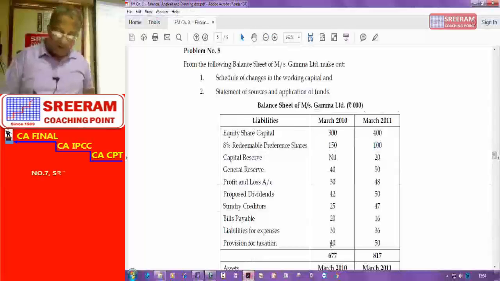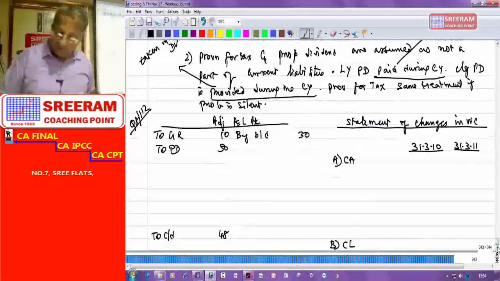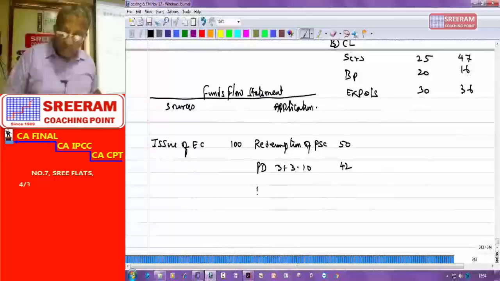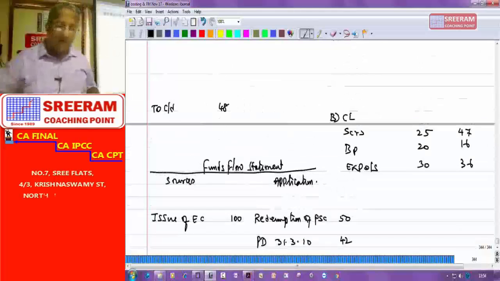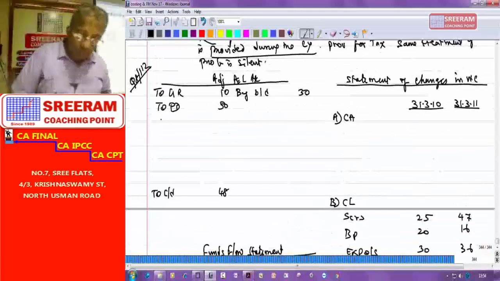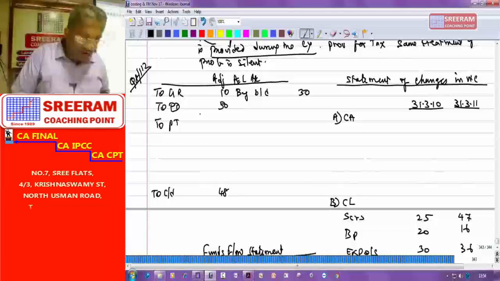Provision for taxation of the last year, how much? 40. Then, provision for taxation current year 50.